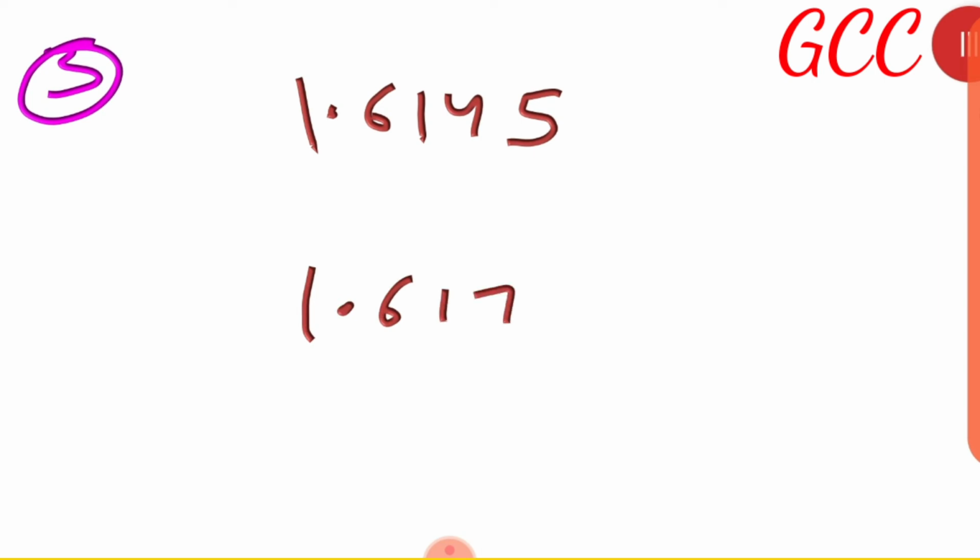Students, after that you can see rule number 3. We have done first of all more than 5, then we have done less than 5. Now you see, all of you, please, if the last digit is equal to 5. Now I'm going to take a few examples for you. Let it be 1.6145. Okay, one more is there, 1.6175.